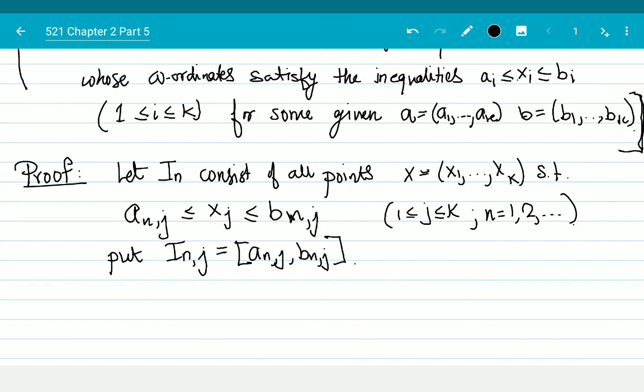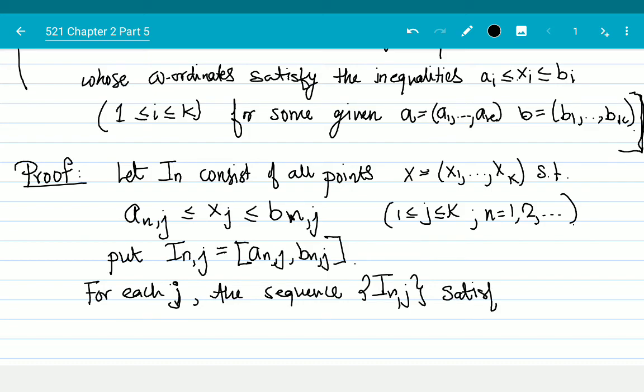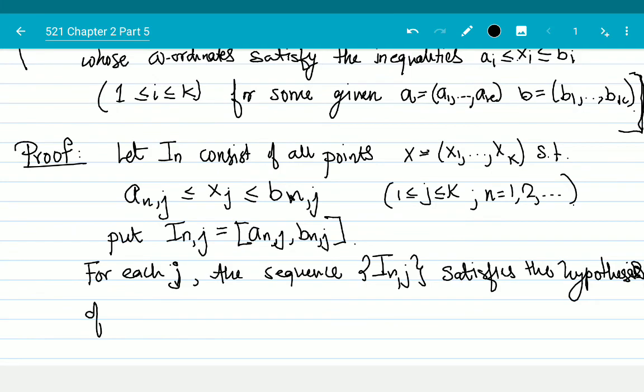Okay, now for each j, the sequence I_{n,j} of these intervals satisfies the hypothesis of theorem 2.38.